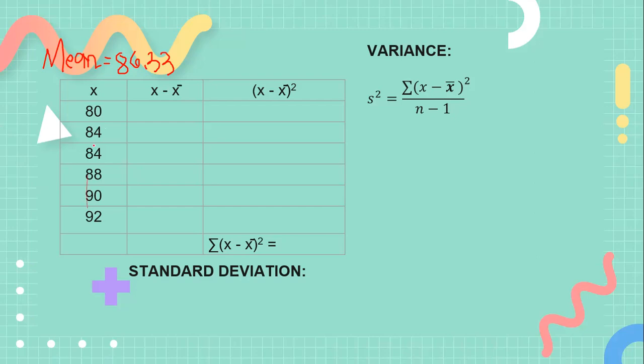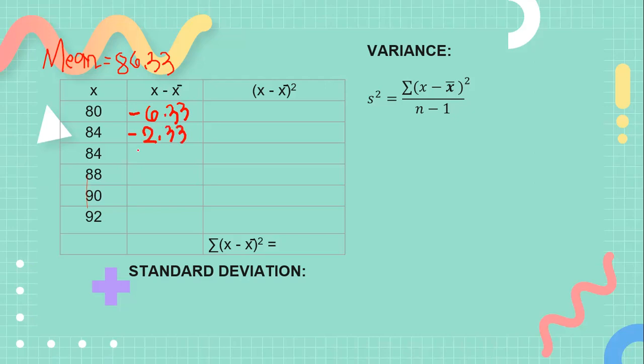Get your calculator, class. We subtract: 80 minus 86.33. What is it, class? Very good, it's negative 6.33. Then 84 minus 86.33 is negative 2.33.